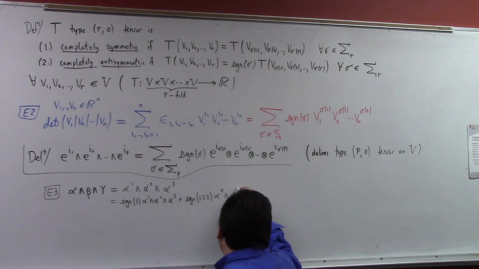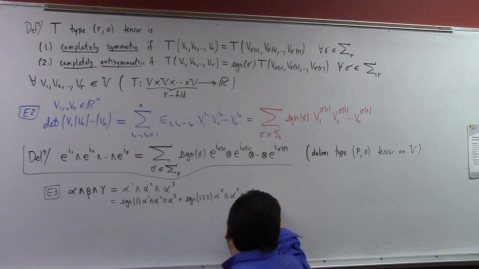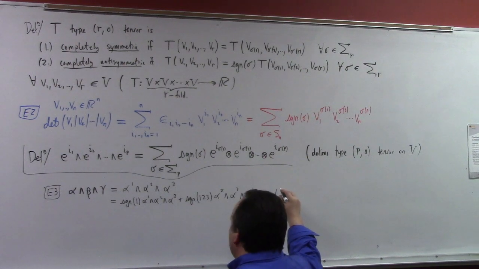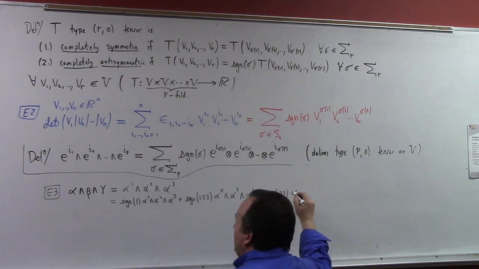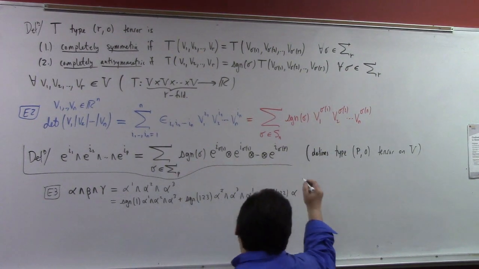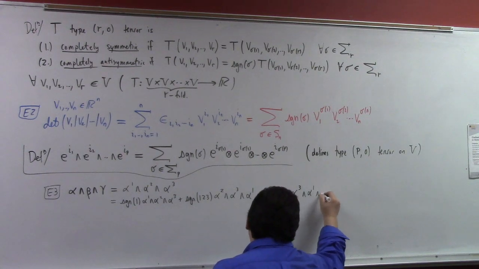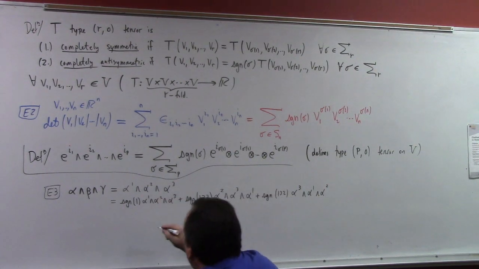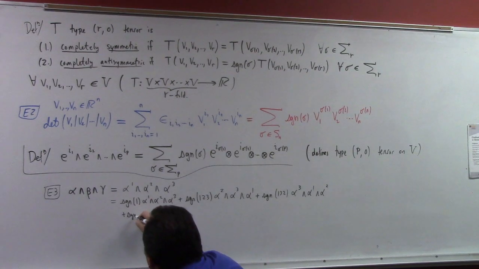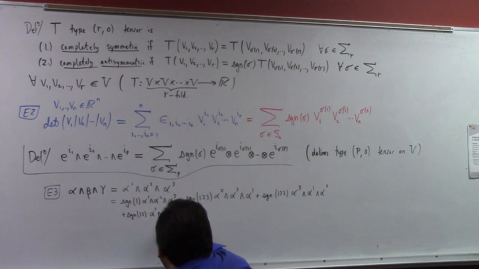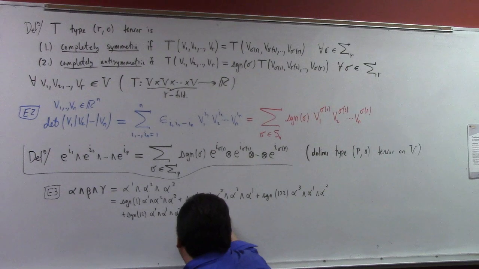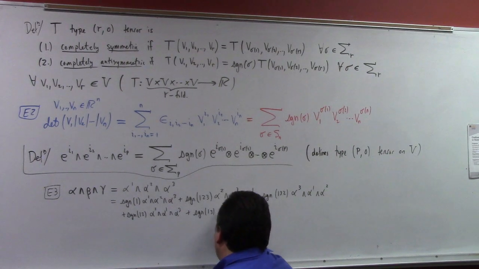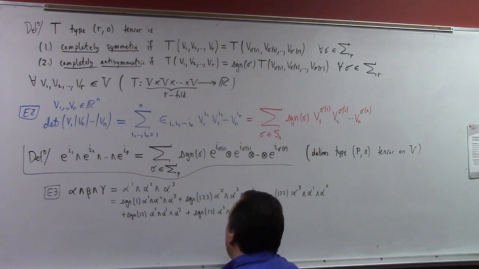Alpha 2, alpha 3, alpha 1. Plus the sign of my other even permutation, which was 1, 3, 2. And that produces the pattern 3, 1, 2. And then I've got my odd permutations. So I got alpha 2, wedge alpha 1, wedge alpha 3, plus the sign of 1, 3, where that flips the 1 and the 3, so the 2 stays alone. So I've got alpha 3, wedge... good grief, I've got wedges everywhere. These are all what?